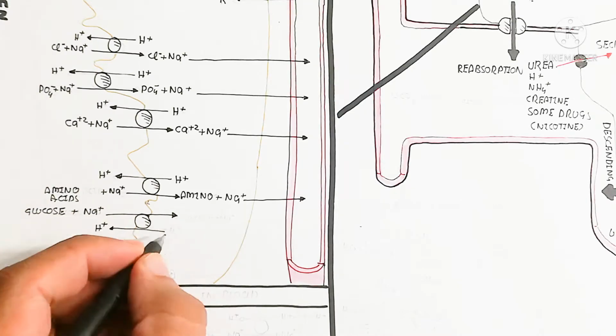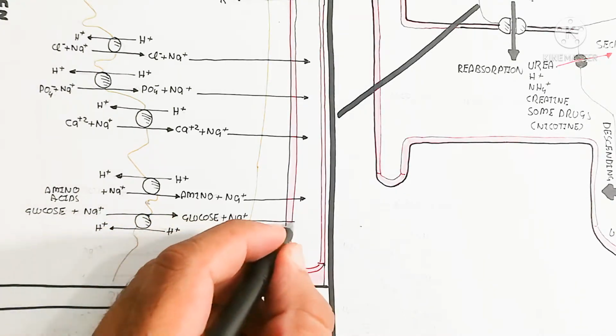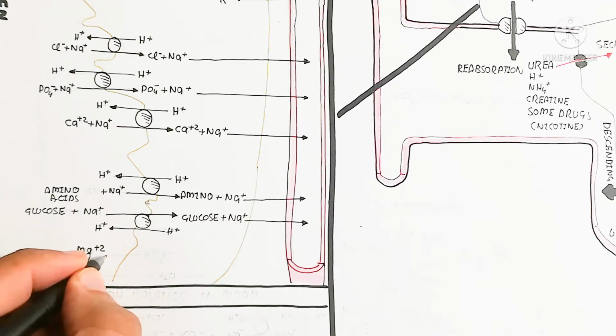The amino acid also requires sodium, and glucose also requires sodium, by the same mechanism.